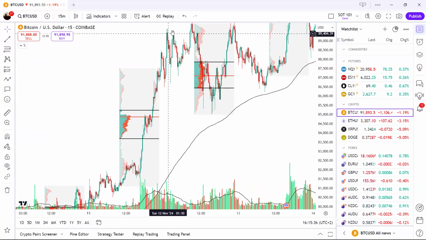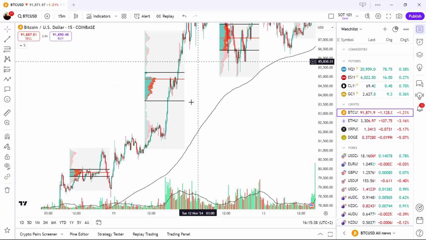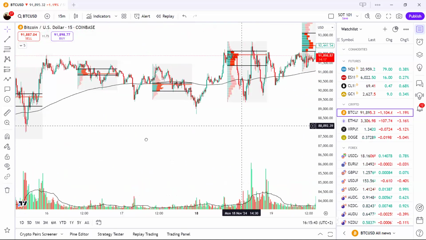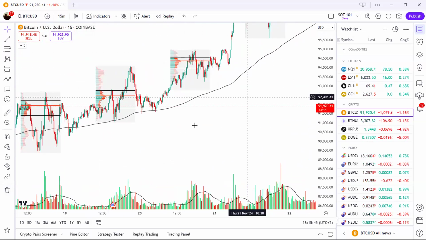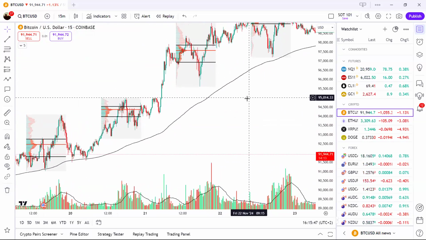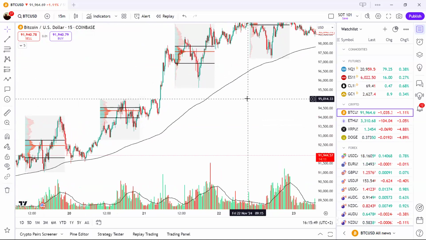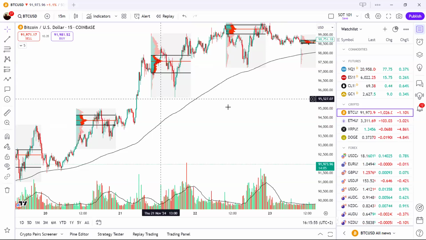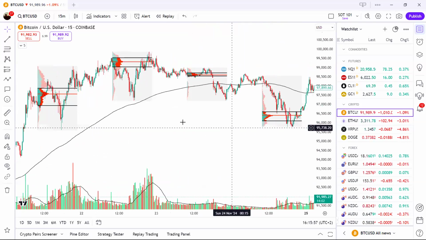Also, not really a double top. Could be seen as a double top. Yeah. Also not going to look for an example. If you go on lower time frames, you'll definitely see much more double tops and double bottoms.